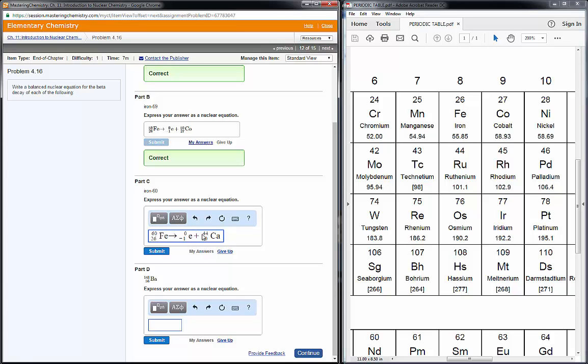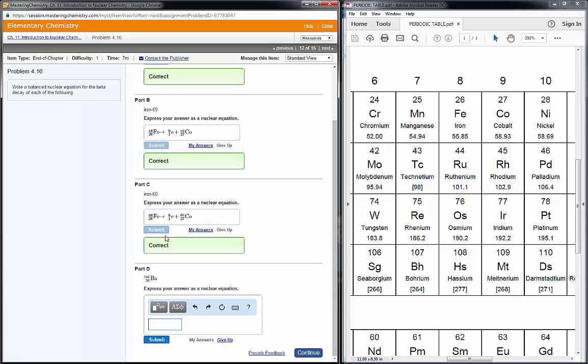Fe for iron, beta decay, 60 equals 0 plus 60. 26 equals -1 plus 27. And element number 27 is cobalt. So these two were the same. I just had an extra neutron, but that didn't change the rest of it.